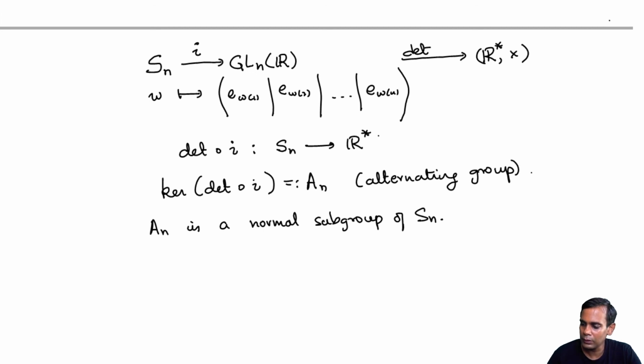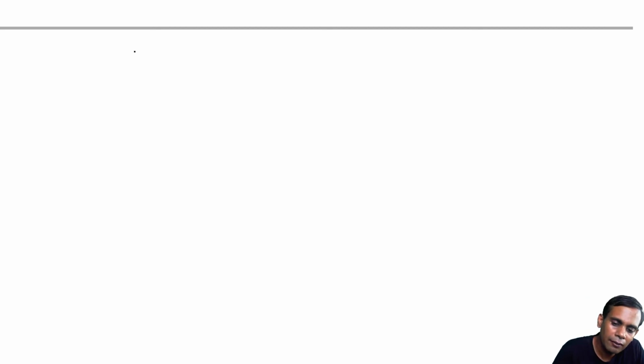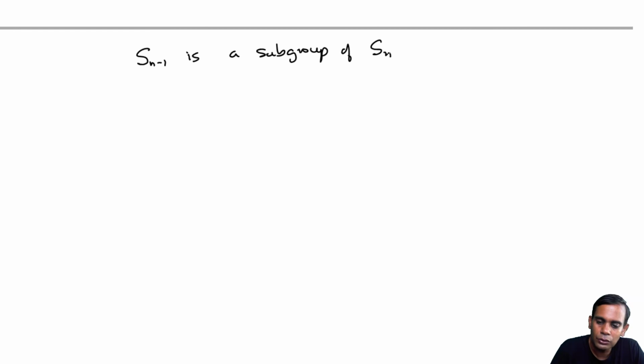Here's another question for you. In an earlier lecture we saw that S(n-1) sits inside Sn as a subgroup. You just think of it as the subgroup of Sn consisting of all permutations which take n to n.